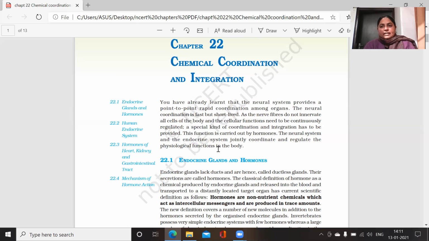You are very clear about the structure of neurons from class 10th. But what is the special thing about this neural system? Neural coordination, though it is a fast type of coordination, has messages that are short-lived. Their effect vanishes after some time.